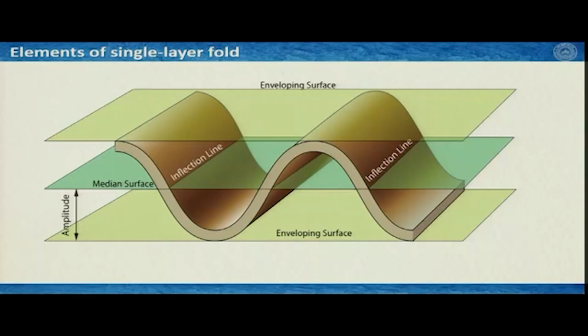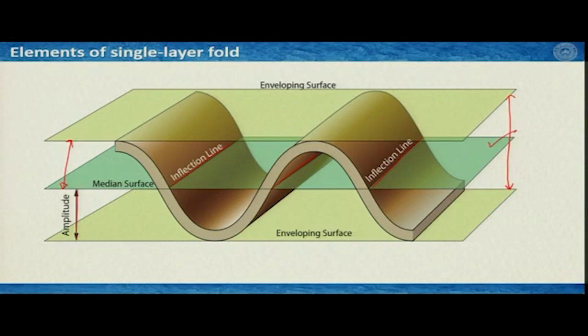So, again this is the fold, and this is the enveloping surface which is covering the fold, or that envelops the fold. This distance from here is known as fold height. The median surface is the green one that connects the inflection lines, successive inflection lines, and generates the median surface. So, the distance from one of the enveloping surfaces to the median surface, this one or this one, is the amplitude.